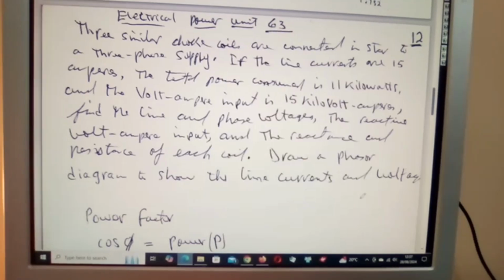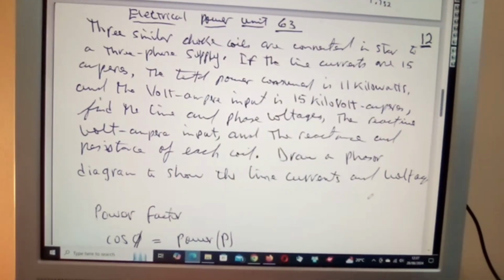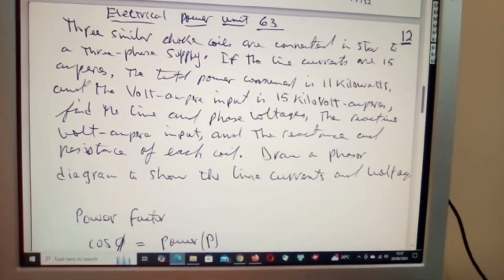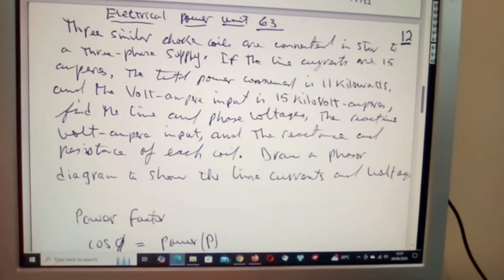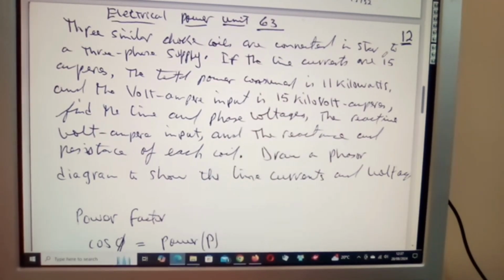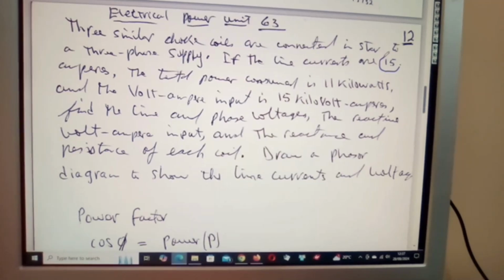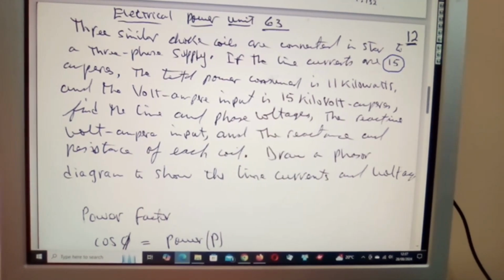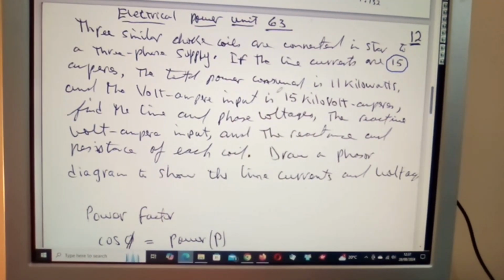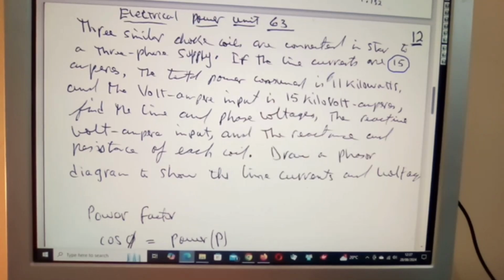Now, the first thing we need to do is to extract our information. What have we got? I can see 15 here for a start. What have I got? 11 kilowatts. I can see that here.